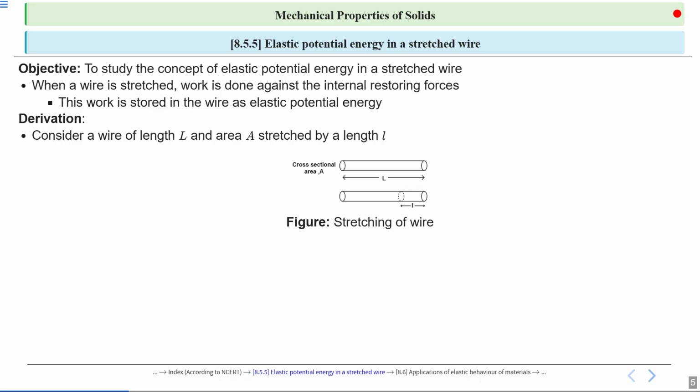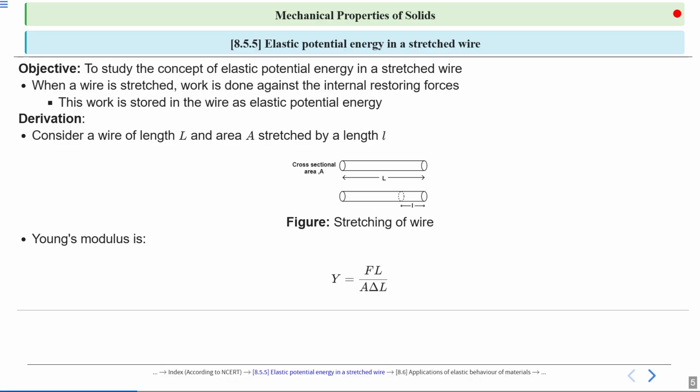The stretching causes the wire to become longer, and the amount it stretches depends on the force applied and the properties of the material. So the cross-sectional area is A and the length after stretching becomes capital L plus small l.